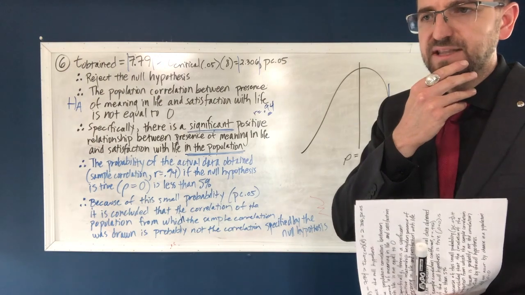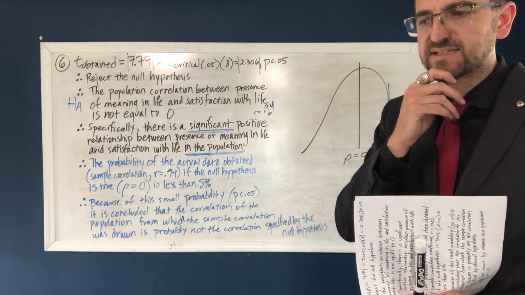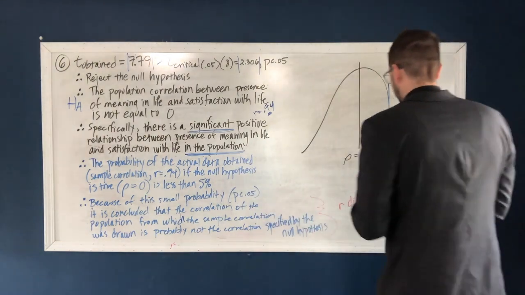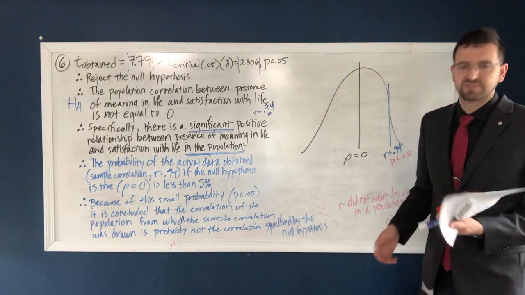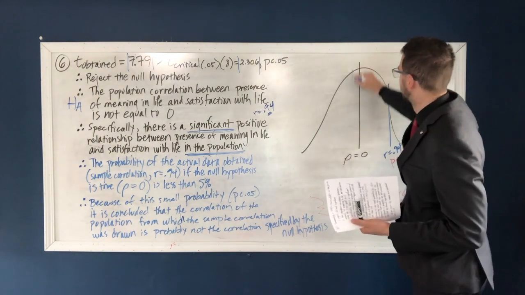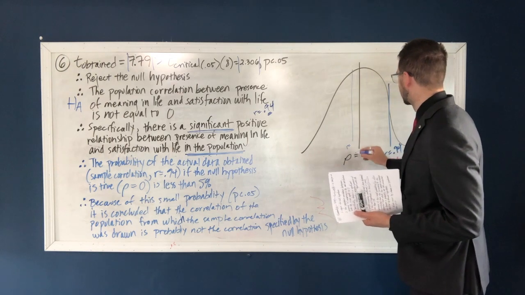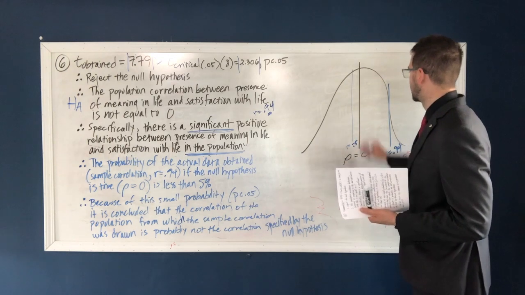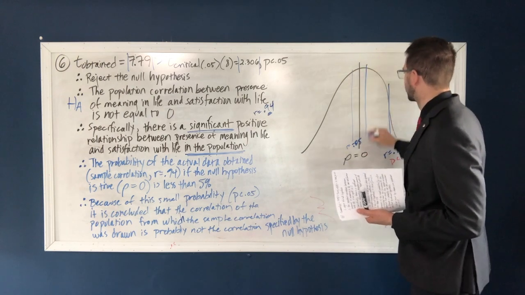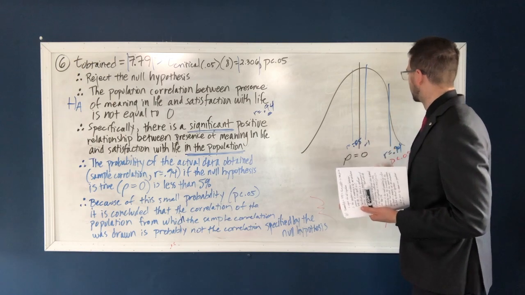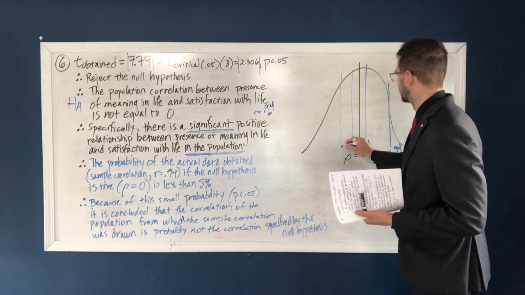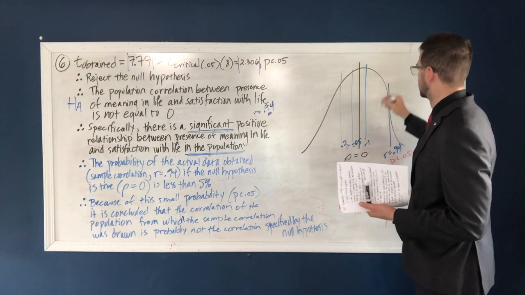So if we're sampling from a population, we can expect to get somewhere close or somewhere around the population value. So if the population correlation is actually 0, we would probably get, I don't know, we might get a sample correlation of negative 0.05, or 0.1, or 0.2. Do you see what I mean?